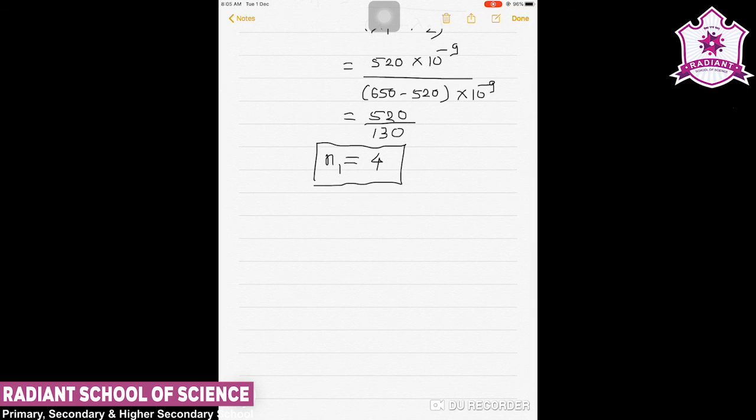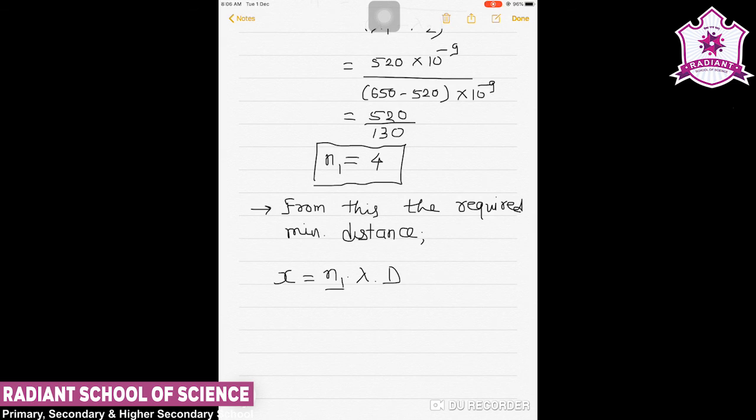Now from this, if we want to find the required minimum distance from central maximum, it will be x is equal to n1 lambda d over capital D. So here n1 will be 4, lambda 1 will be 650 into 10 raised to minus 9, capital D is 1.2, and small d is 2 millimeter, that is 2 into 10 raised to minus 3.